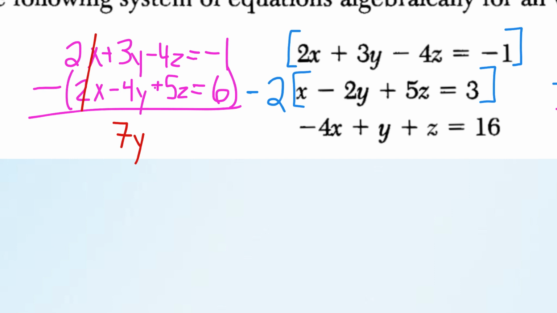Oh, my apologies, I forgot to double that z term. So it used to be 5z, it should be 10. Okay, so negative 4z minus 10z is negative 14z. And that's going to equal negative 1 minus 6, which is negative 7.